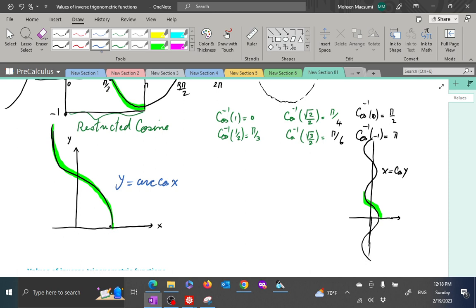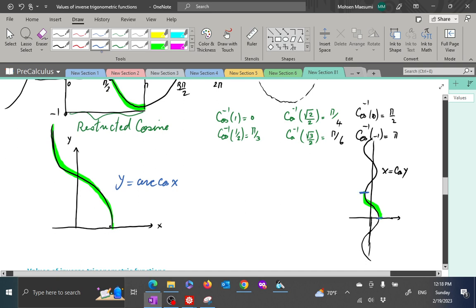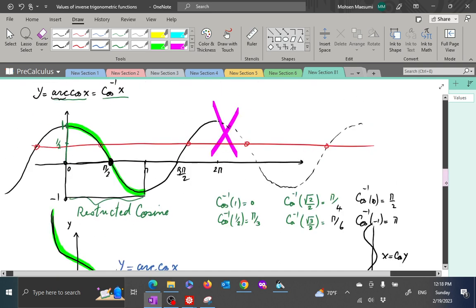It is kind of a featureless thing, and it's hard not to get lost in it. The best thing to do is to graph the entire cosine curve, x equal to cosine of y, and then just pick the piece of it that goes from 0 to pi. The important thing is that we are limiting ourselves to 0 to pi.